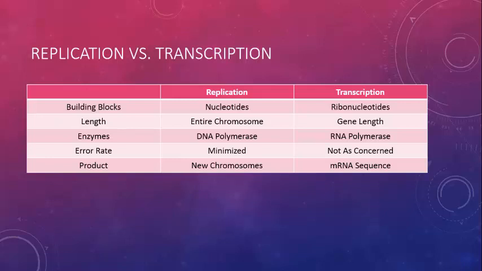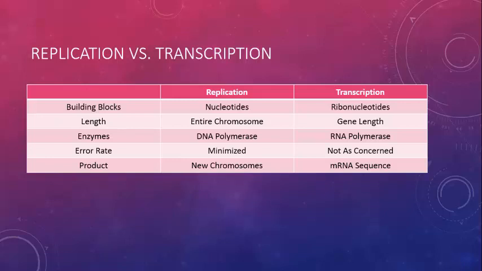The last difference between replication and transcription lies with the RNA polymerase. Besides the obvious, that RNA polymerase uses ribonucleotides instead of deoxynucleotides, it also does not require the primer that DNA polymerase requires. This difference can generate more errors in the transcript. However, errors in an mRNA sequence are less likely to cause damage than errors in the DNA sequence.